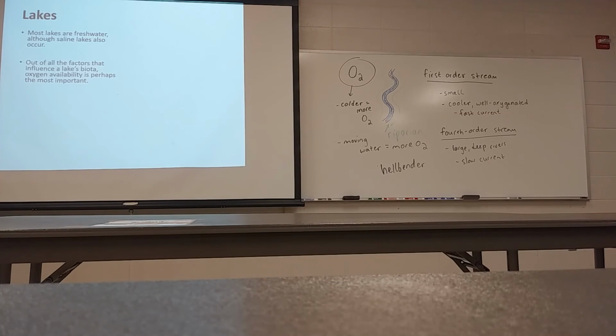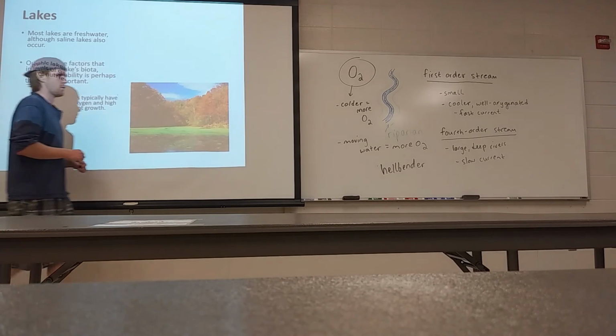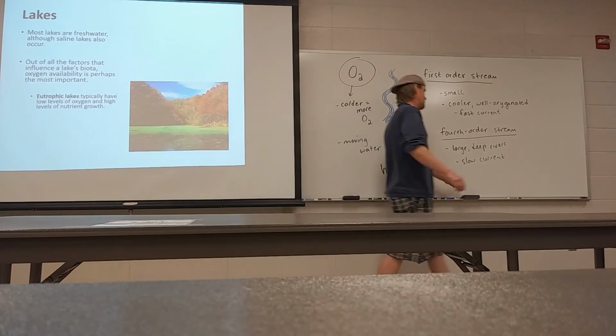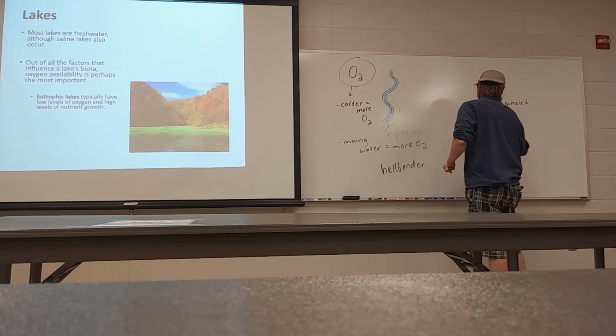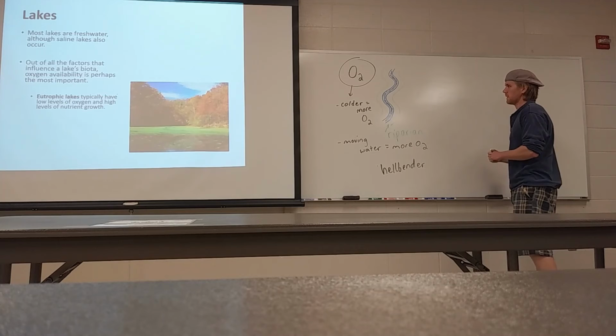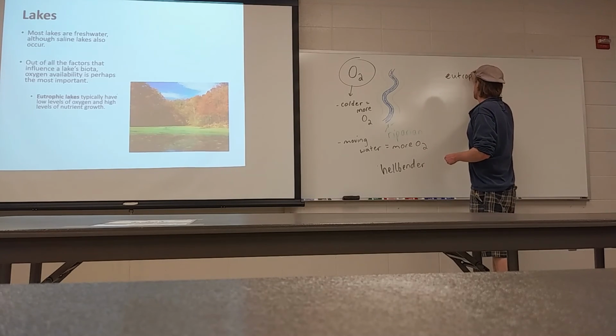In terms of what influences biota in lakes, just like with our stream, oxygen availability is considered the most important factor when it comes to what organisms can actually live there. And there are two major classifications for lakes, eutrophic and oligotrophic. I want to start by talking about what's called eutrophication.